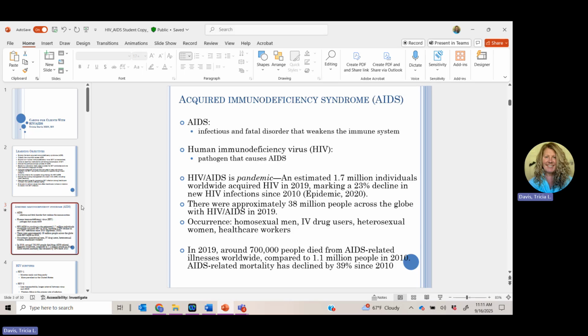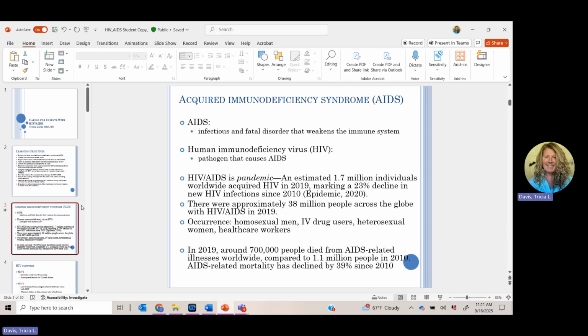Okay, so AIDS is still considered a pandemic. It's estimated that about 1.7 million people in the world as of 2019 had HIV, but this was a decline of 23% in new HIV infections since 2010. So that's phenomenal. There were approximately 38 million people across the globe, okay, with HIV in 2019.